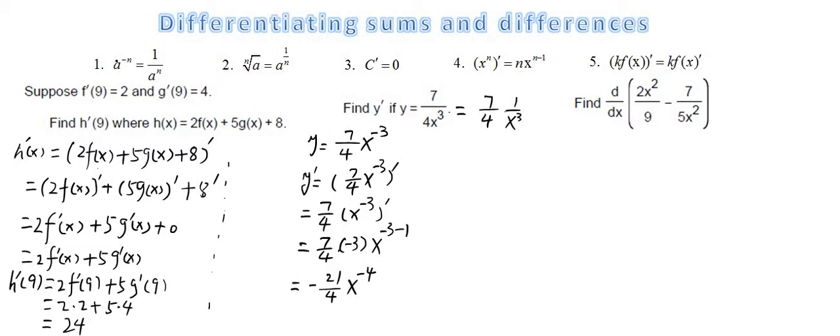So we can write this guy in the denominator, and the exponent is gonna be positive instead of negative. Positive 4.